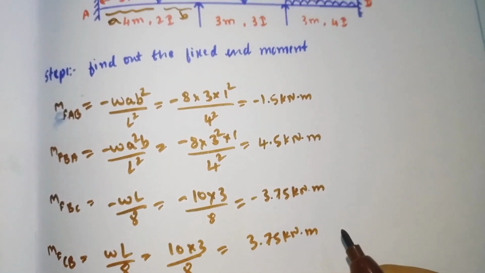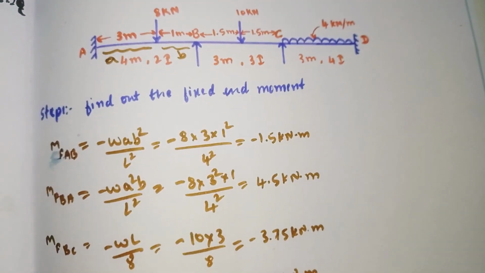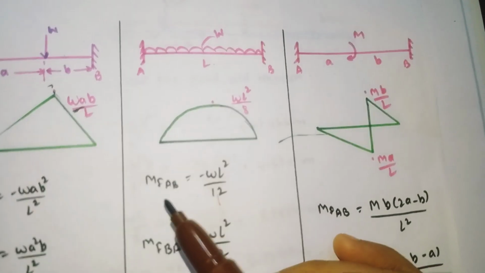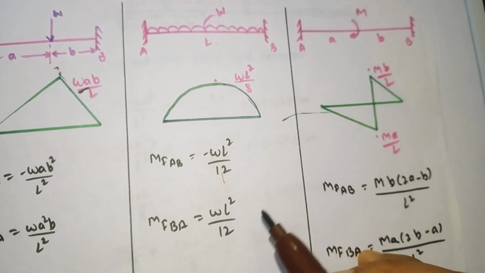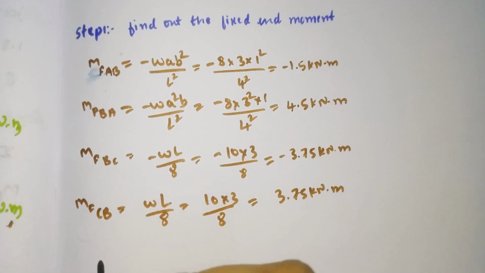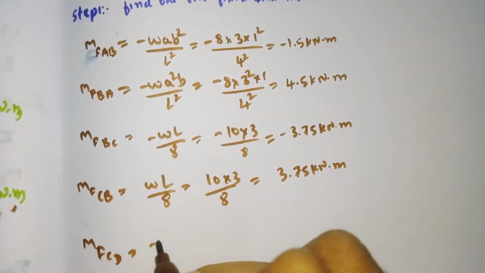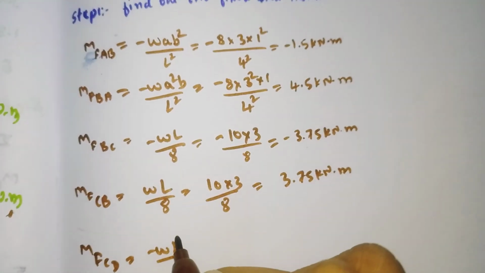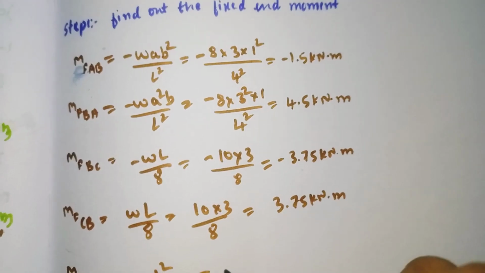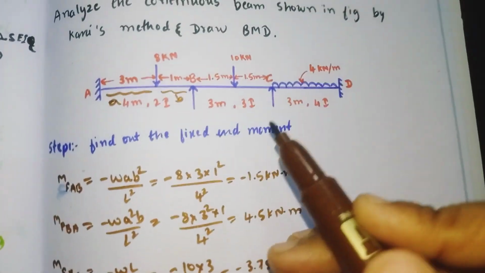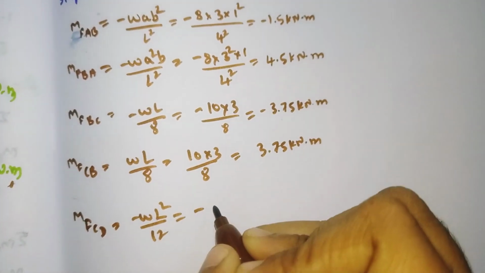Now for span CD, it is carrying a UDL of 4 kilonewton per meter. For that we have the formulas MFAB is equal to minus WL square divided by 12 and MFBA is equal to WL square divided by 12. By using these two formulas I will calculate the fixed end moment MFCD. Minus WL square divided by 12: load is 4 kilonewton per meter and length is 3 meter.